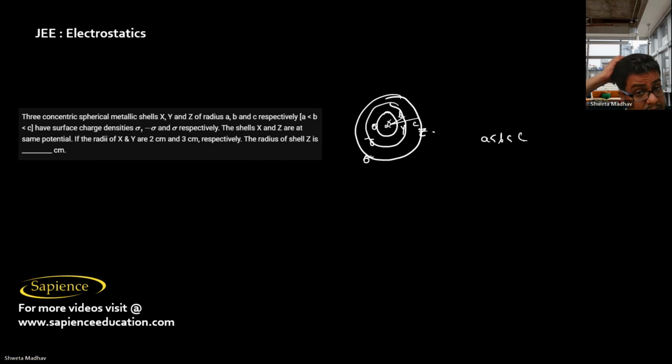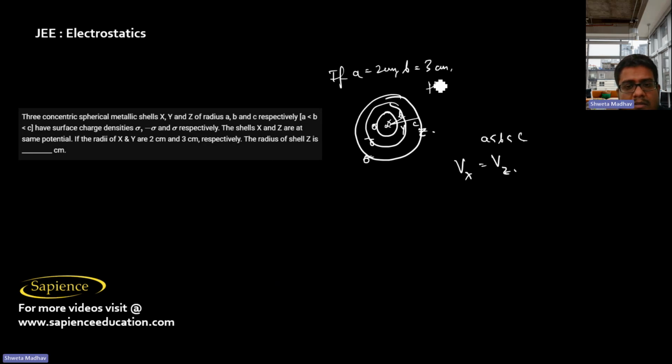The shells X and Z are at the same potential, so V at X is equal to V at Z. If the radii of X and Y are 2 centimeter and 3 centimeter respectively, the radius of shell Z is, so if A is equal to 2 centimeter and B is equal to 3 centimeter, then C will be how much?